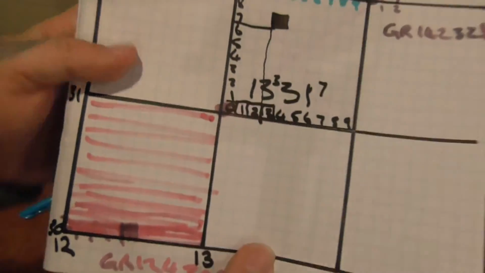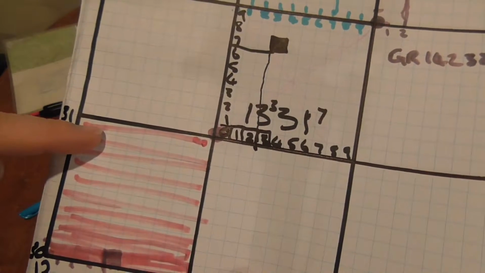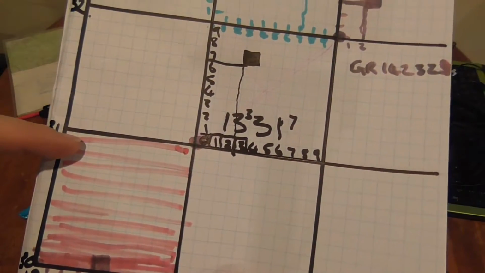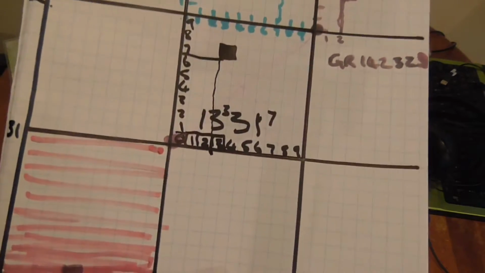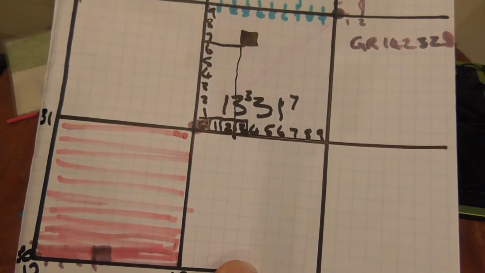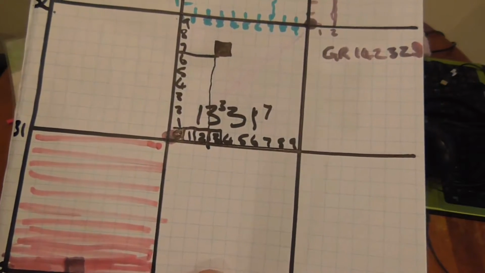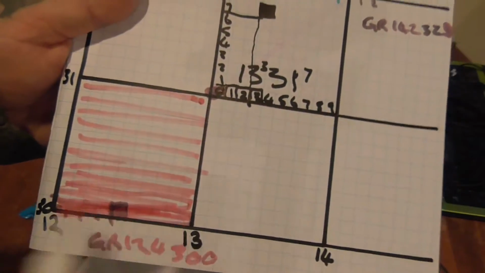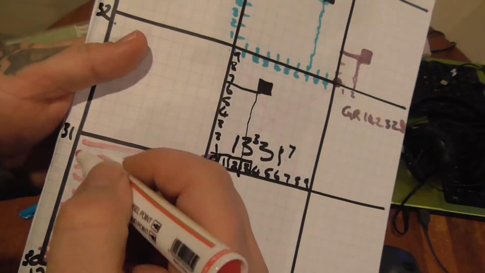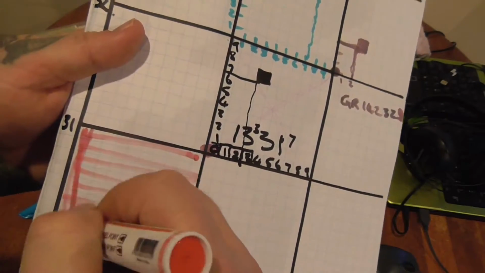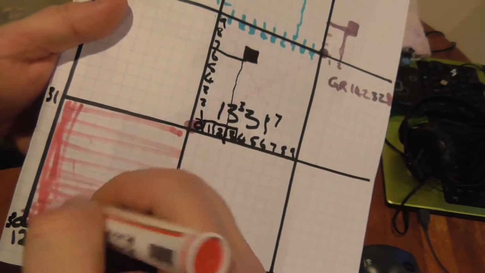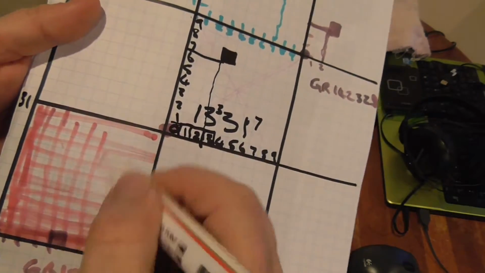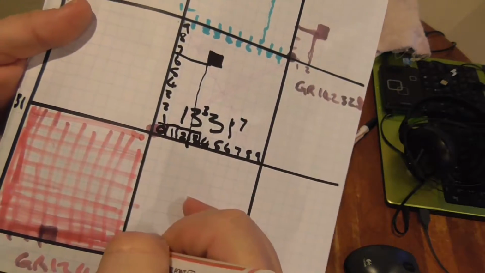Okay, 9 is at the top, because we can't go 10, because then 10 would be 1 0. That's two numbers. We can only have one extra number when we're doing a grid reference. So that's why the bottom boxes would be 0 along here, or if it was our easting, these ones here would be 0. Okay, 0, 1, 2, 3, 4, 5, 6, 7, 8, and 9.